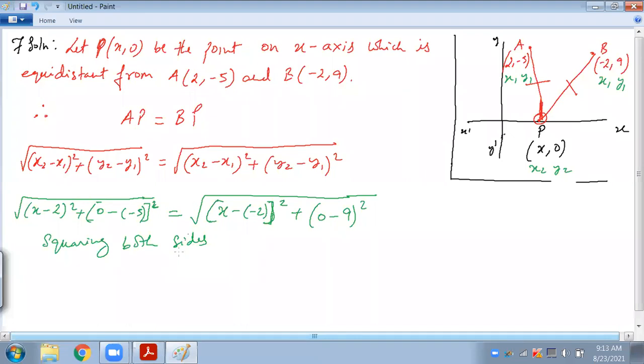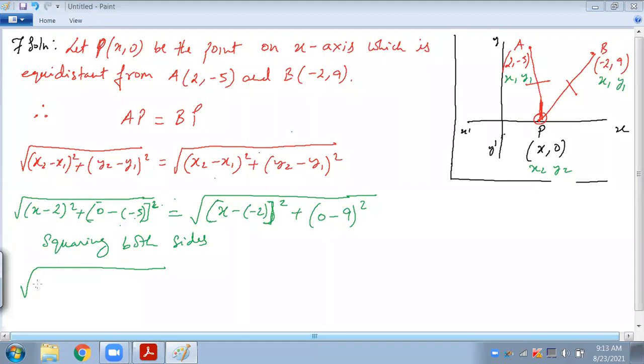And if you square both sides, what will happen? The square and root will get cancelled. Okay, we are going to square both sides. So we have written squaring both sides.